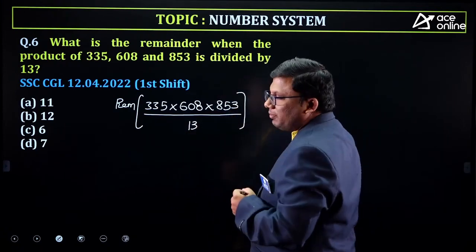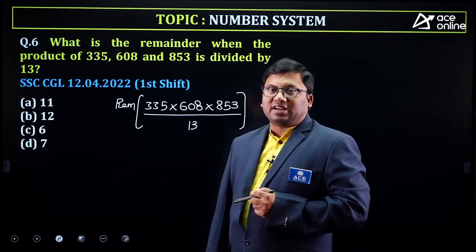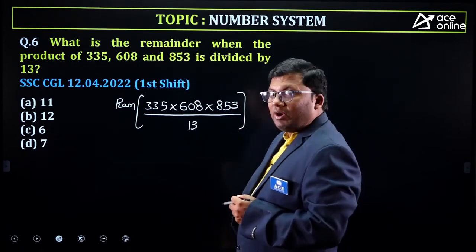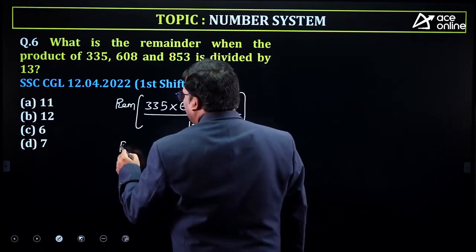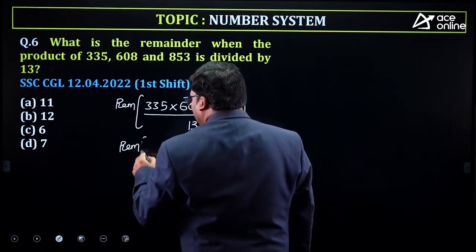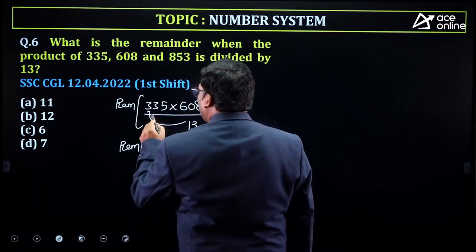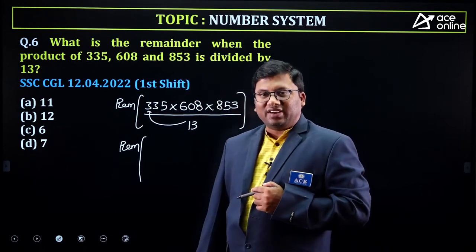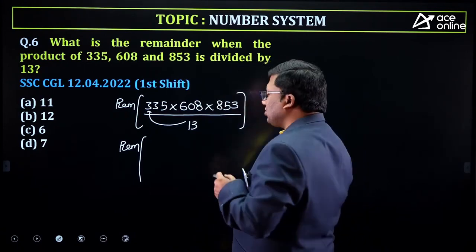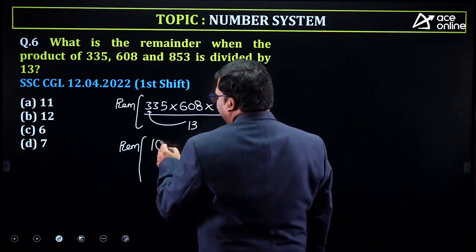When 3 numbers are multiplied and divided by 13, what is the remainder? The best way to solve this question is to go by the individual remainders. 13 2s are 26, remainder 7. 13 5s are 65, remainder 10.